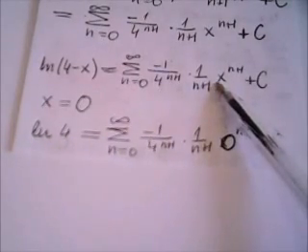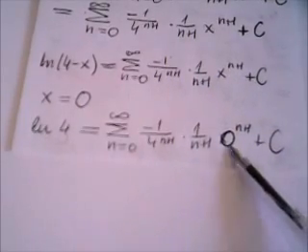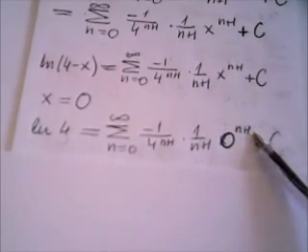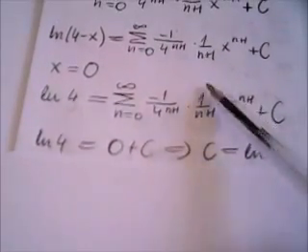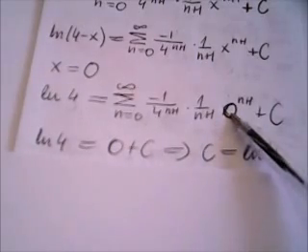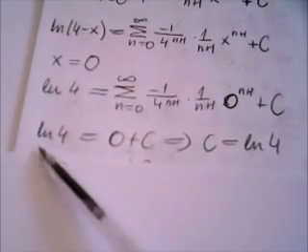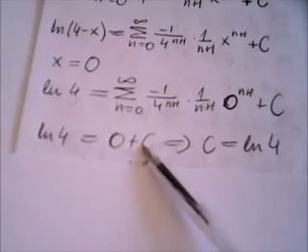In this place x equals 0, it means 0 to the power n plus 1. The summation is 0. We have natural logarithm 4 equals 0 plus c. It implies c equals natural logarithm of 4.